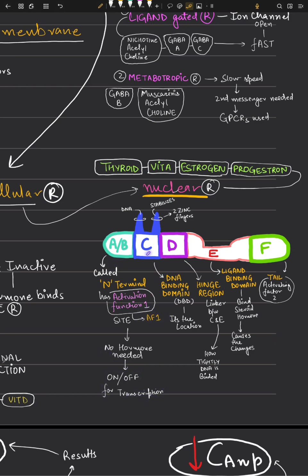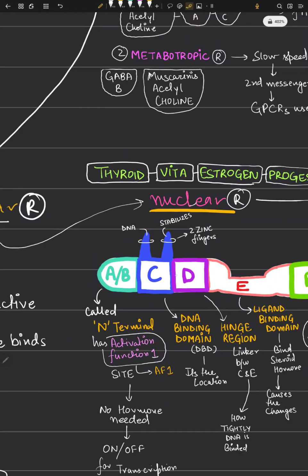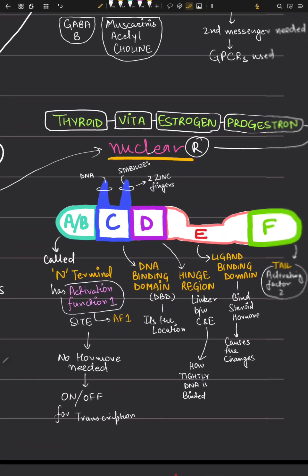Okay. What about C? It's the DNA binding domain. DNA binds here. It's the location for DNA to bind. It has a DNA binding site and it has two zinc fingers. Cool. Let's talk about D. It's called the hinge region.